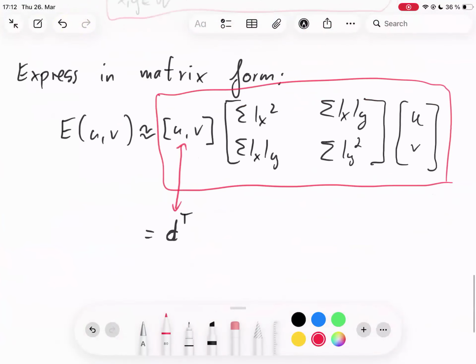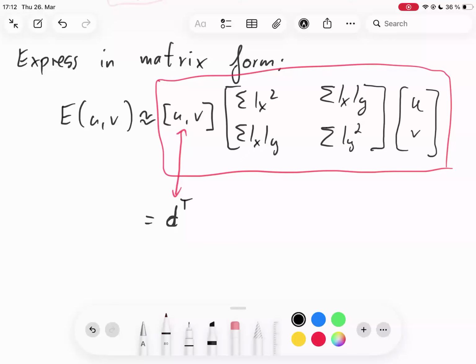So now I have my d, which was how much I changed the window. Then this big matrix here will be called M. And here we have d again, and all in bold.